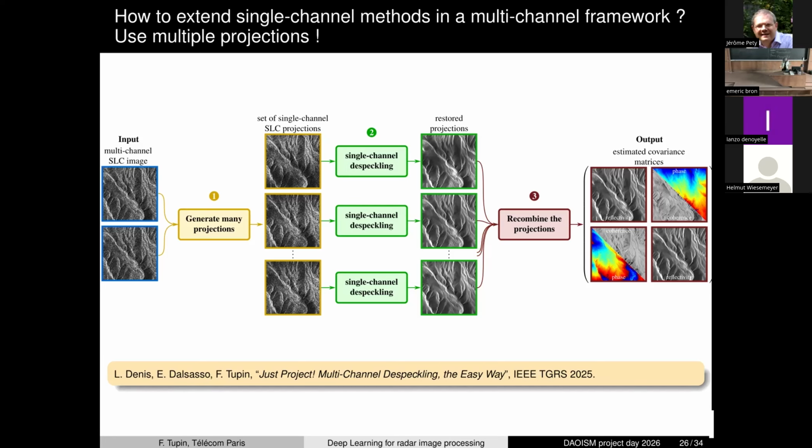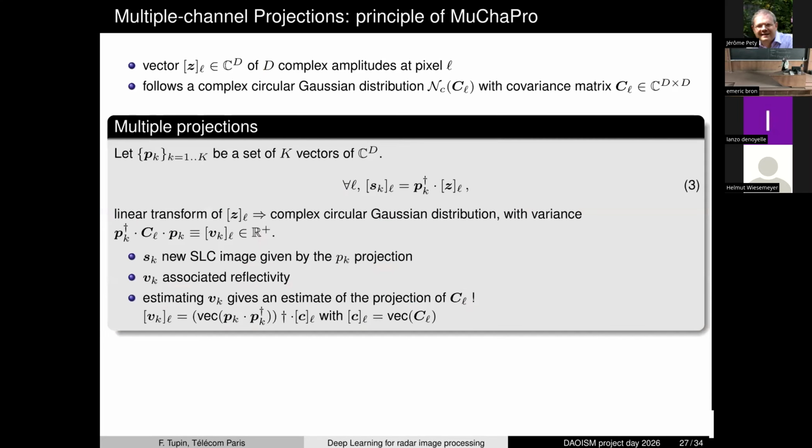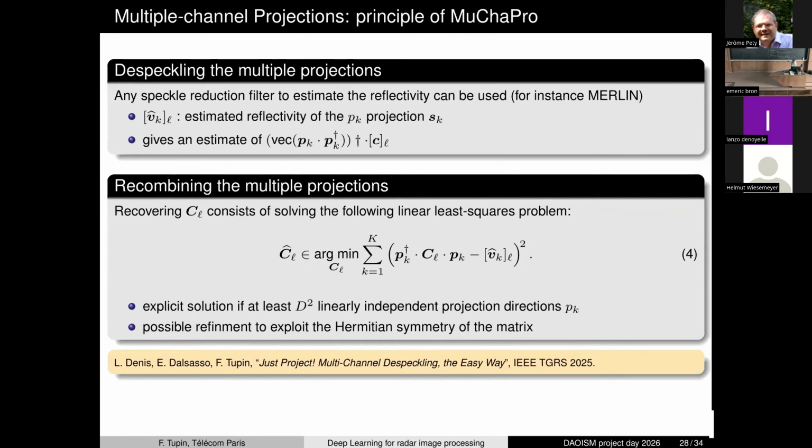So it's very simple. I just apply the strategy I've shown you before by using some well-chosen projection vectors. Okay, I skip the maths behind that, just showing you that I have a link between what I'm looking for, this covariance matrix, and the new estimation without noise that I have obtained by applying the despeckling I have spoken about before.